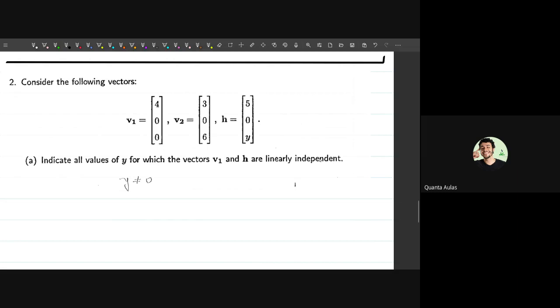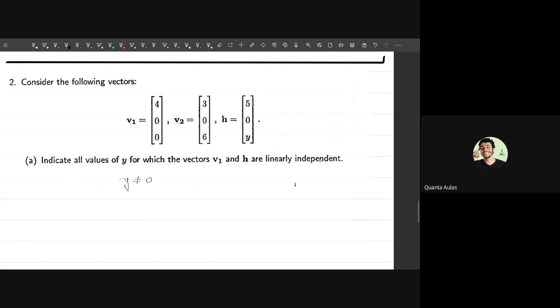We need to understand what linearly independent is. Linearly independent is when you cannot obtain a matrix by multiplying another matrix by a number, right?